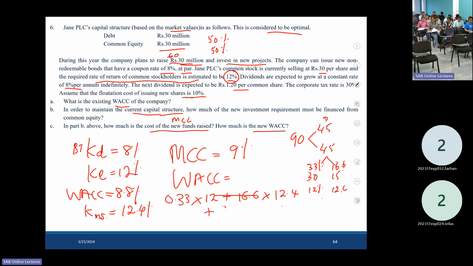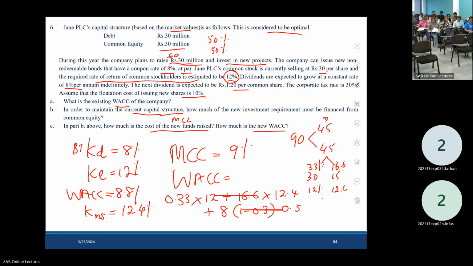Debt capital is 8%. After-tax rate is 30. Weight is 50. That's what I'm doing. Right? 50.